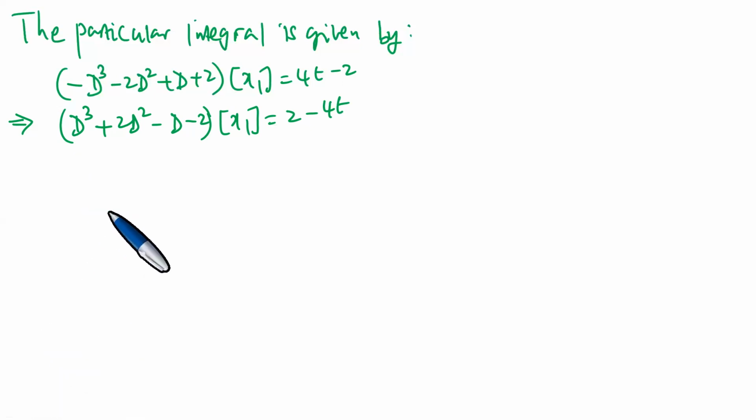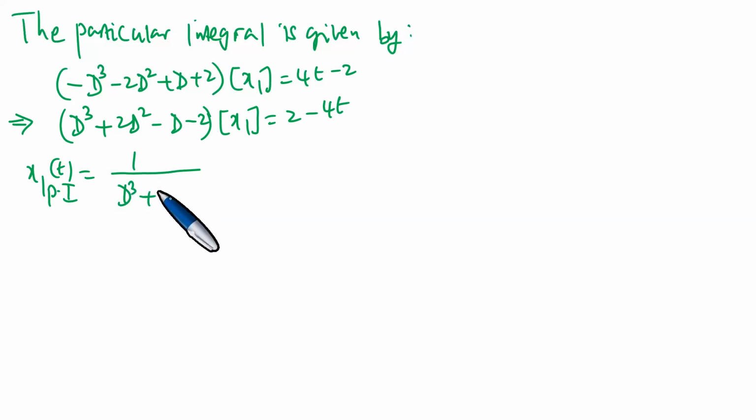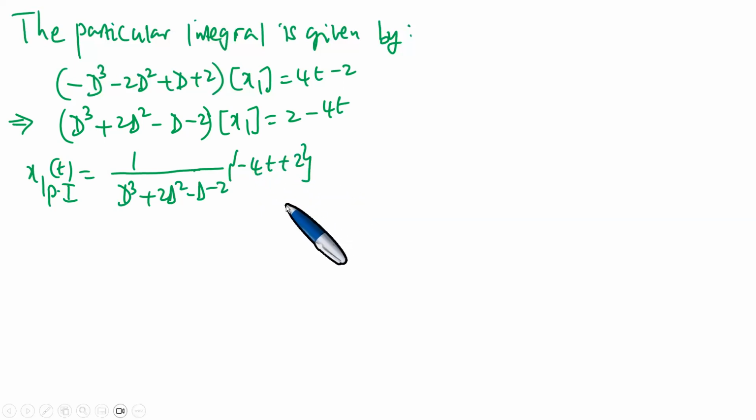Taking the inverse operator means that you have x1 particular integral as a function of t is the same as 1 divided by d cubed plus 2d squared minus d minus 2, operating on minus 4t plus 2.